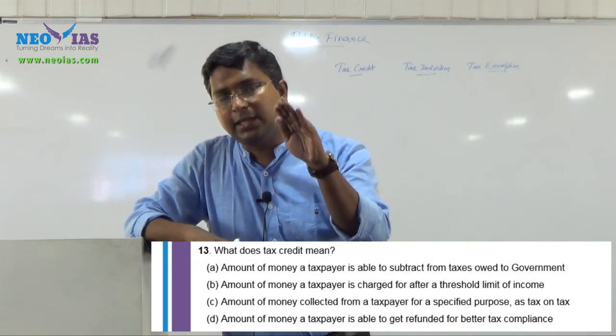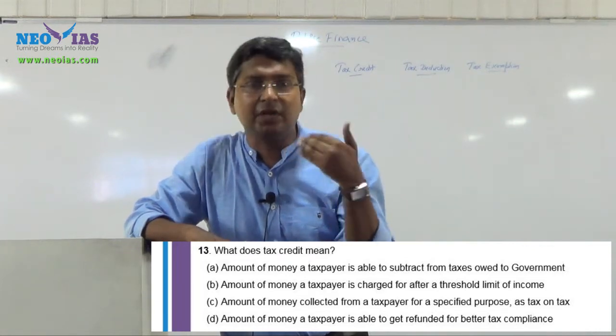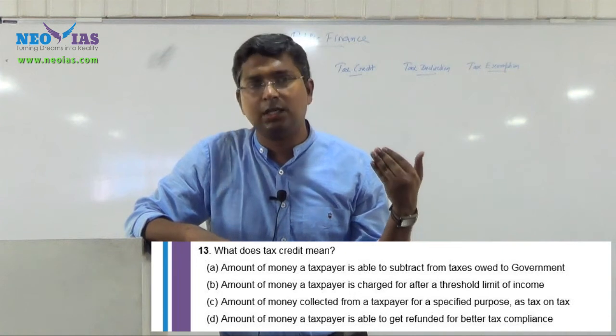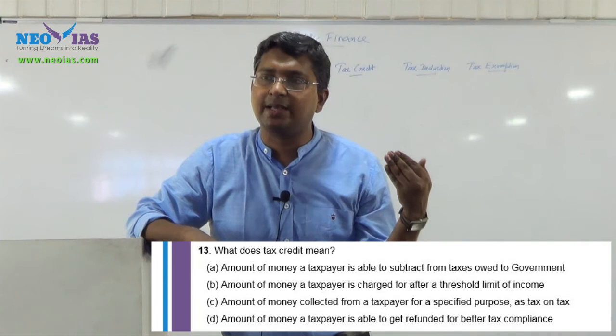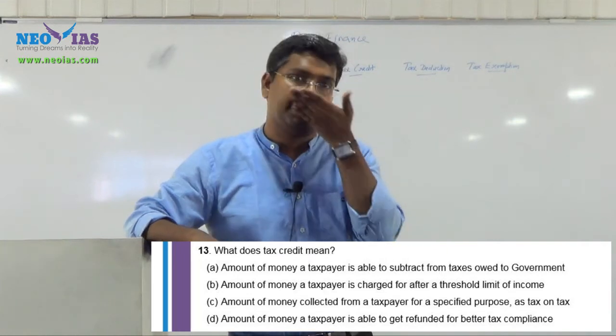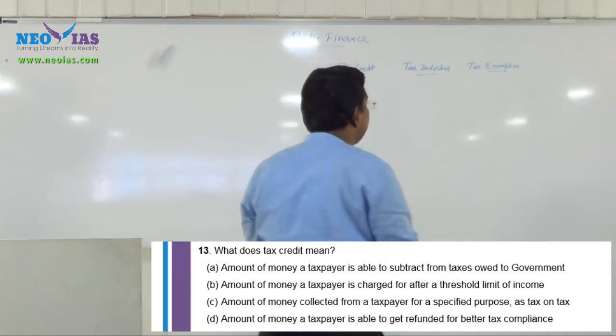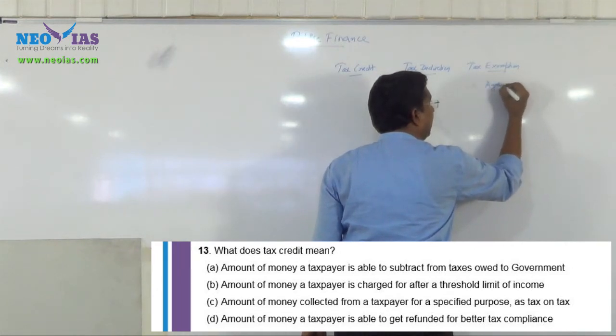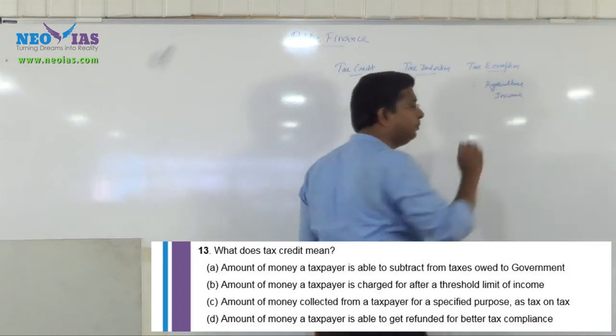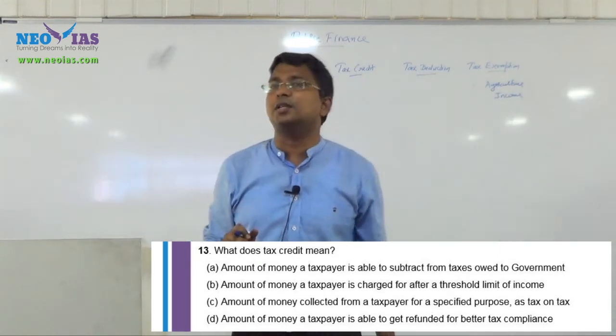And to promote certain things, for different reasons, the government has exempted tax. I'll give you one example of exempted taxes: agricultural income. There are certain reasons why the government has exempted agricultural income.